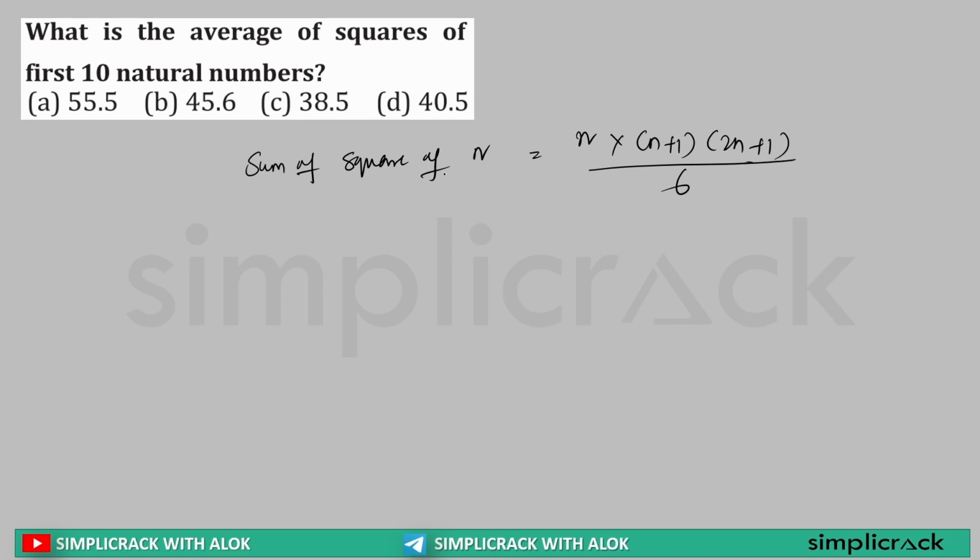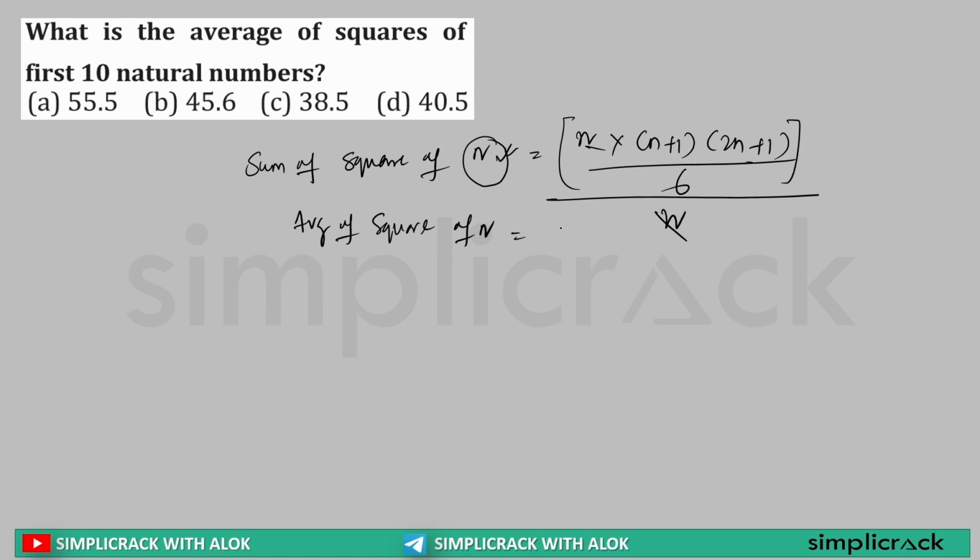Now, it is asking for the average, that means this sum should be divided by the total number, n. So n cancels out. So the average of the squares of n natural numbers is n plus 1 into 2n plus 1 divided by 6. Yes or no? Now here, sir, it is asking for the average of the squares of 10 natural numbers. That means, sir, 10 plus 1 multiplied by 2 into 10 plus 1 divided by 6.